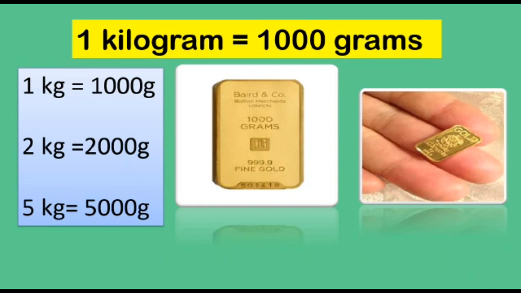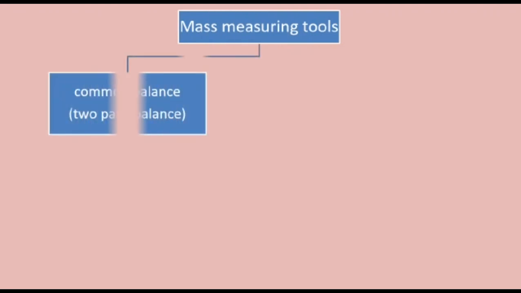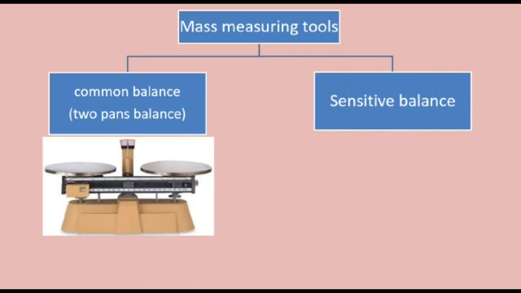Okay, these are the amounts of the mass, or the units of the mass. Now, how do we measure these units? What tools do we have to use? To measure the mass, we use the common balance or two pans balance and the sensitive balance.